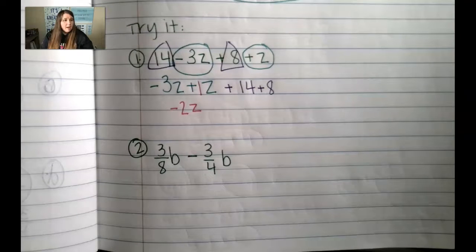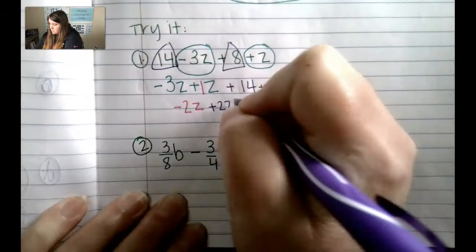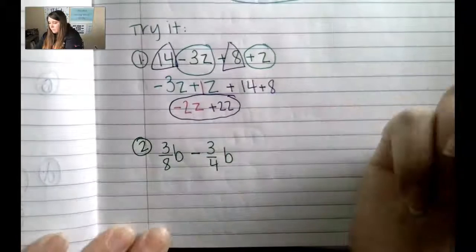So I have a total of negative 2z plus 22. And we're going to stop it right there.